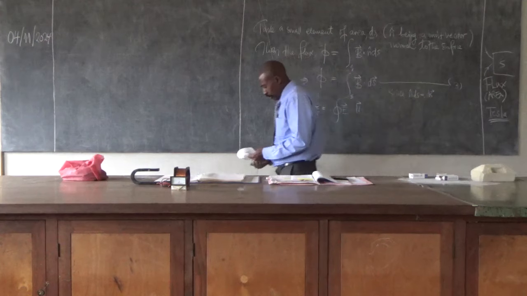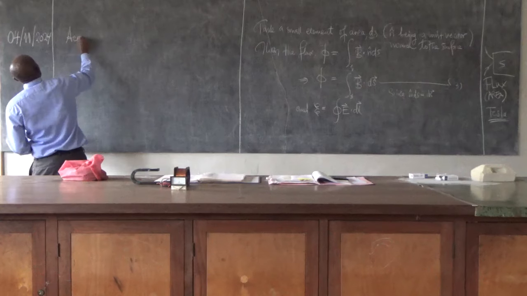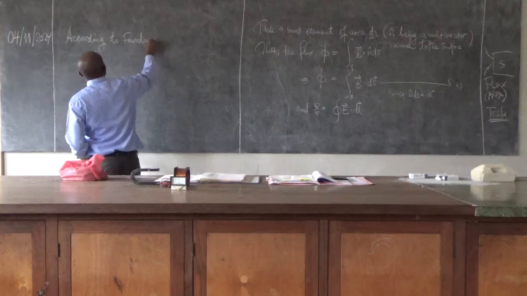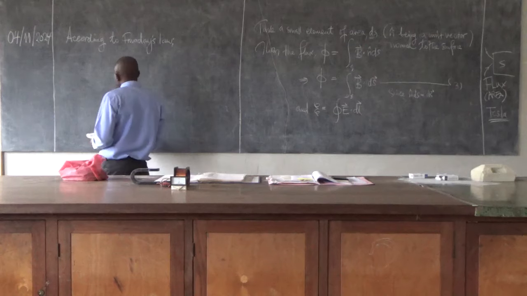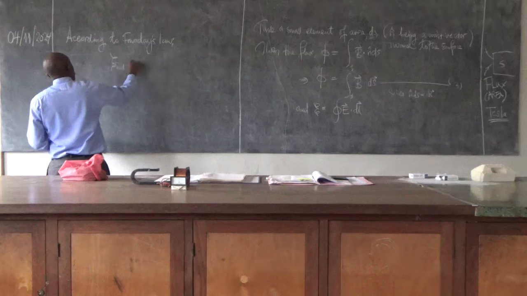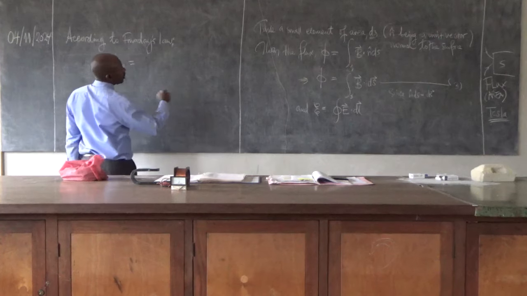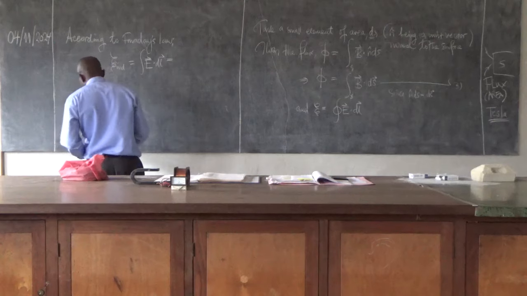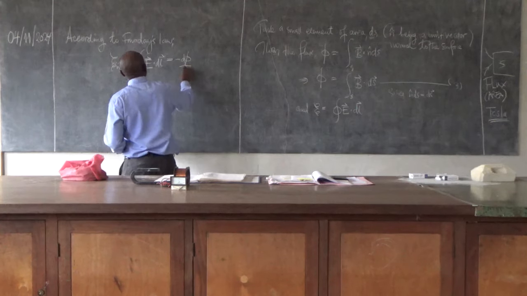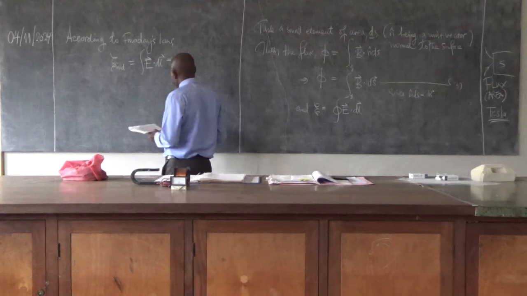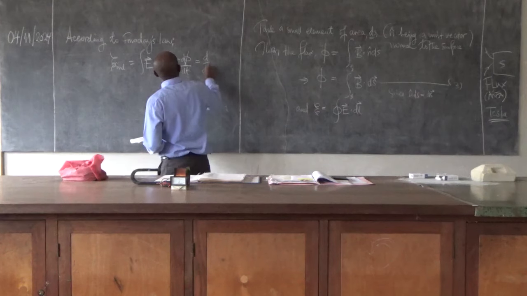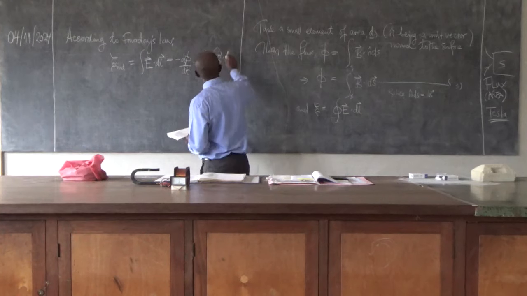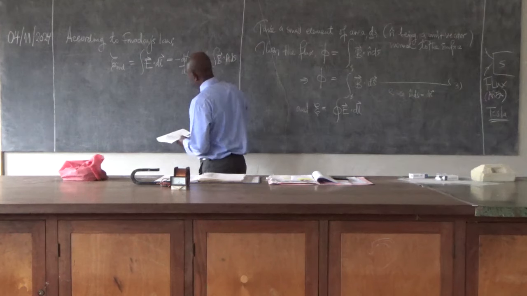So according to Faraday's law, the induced EMF is equal to the integral of E dot dl, which also equals minus d phi dt, and phi is the integral of B dot n dS.